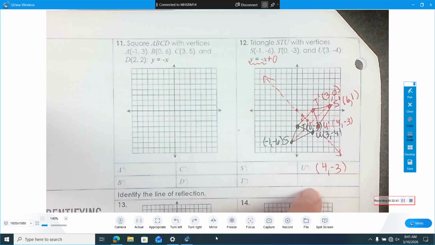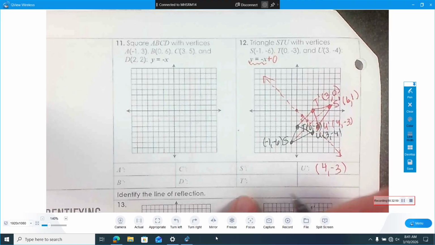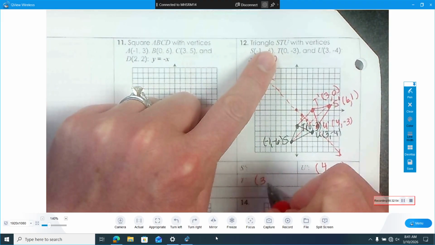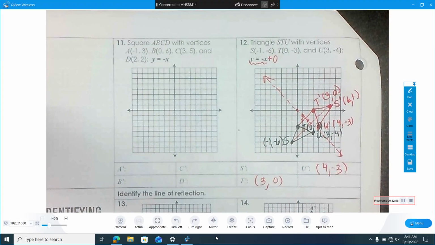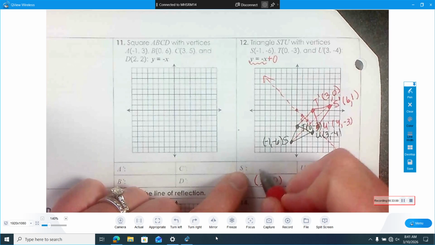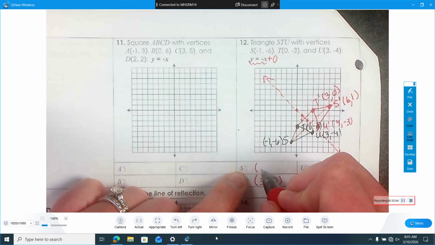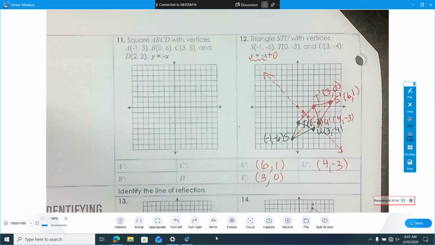This one, the x and y trade places, and they become their opposites. So T becomes positive 3, and you can't do a negative 0. It doesn't make any sense. So that one is what threw us off originally. And then negative 1, 6, they both trade places and turn signs. So positive 6, positive 1. Okay. Questions on that?